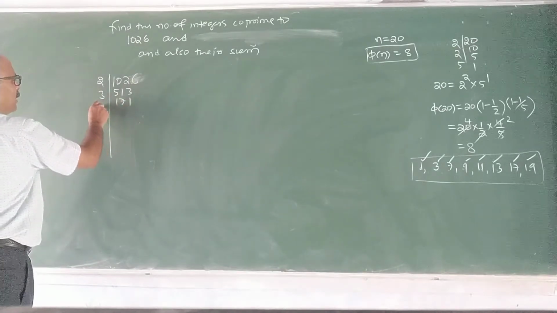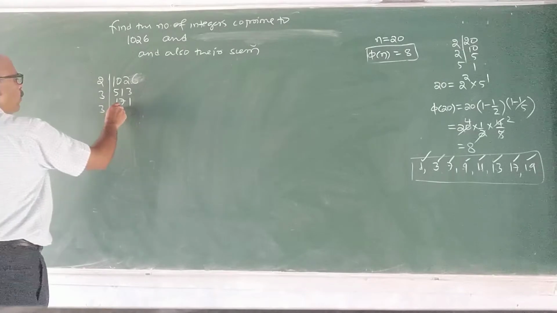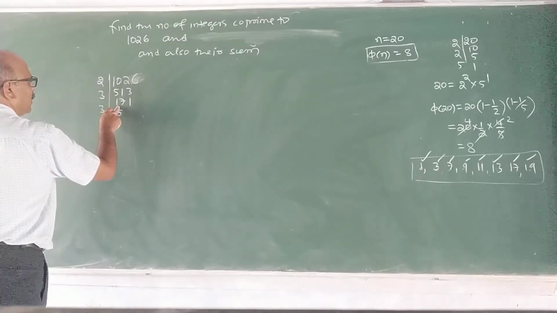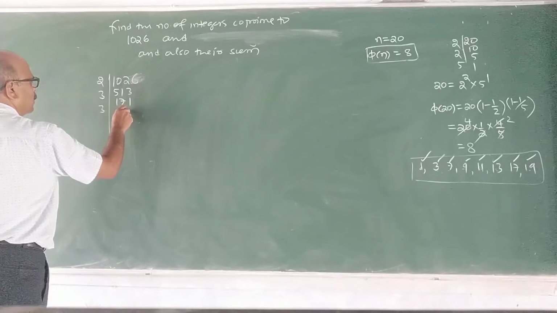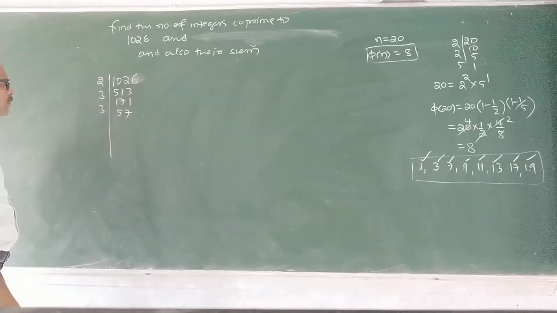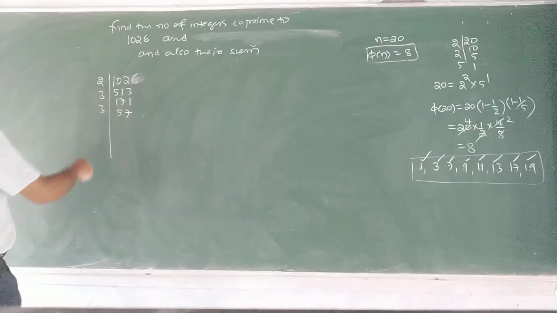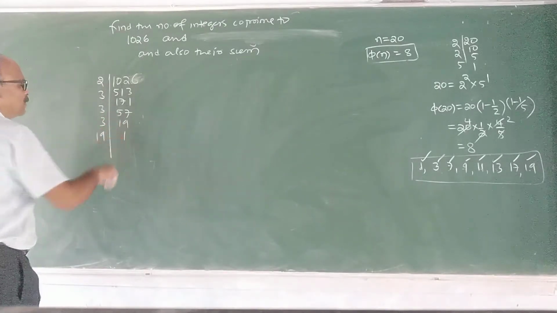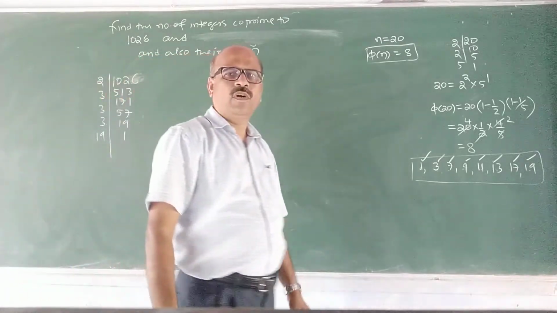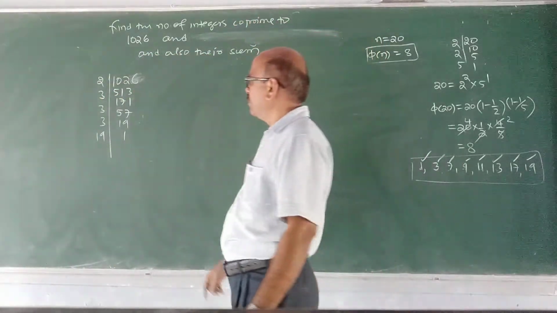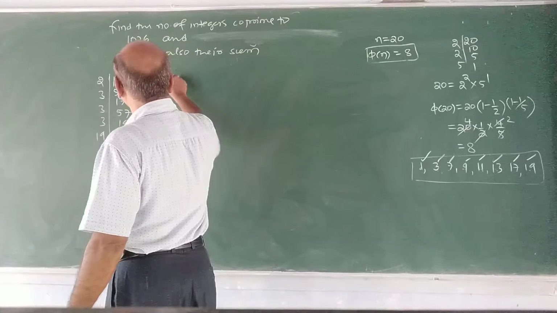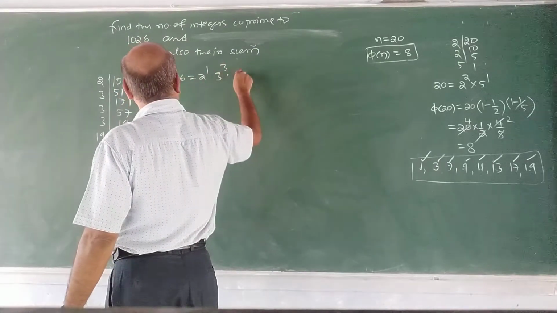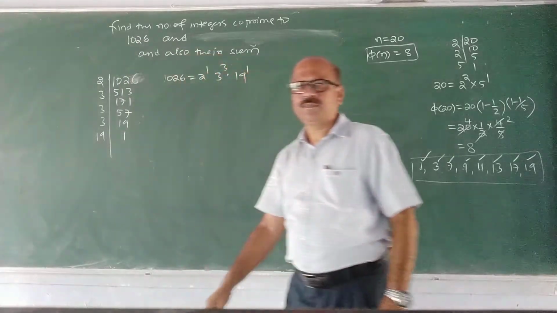Again, is it divisible by 3? 3 into 57. Yes. 3 into 19 and 19 into 1. First you have to express in canonical form. I have used the actual division here. 1026 is 2 raised to 1, 3 raised to 3, 19 raised to 1.